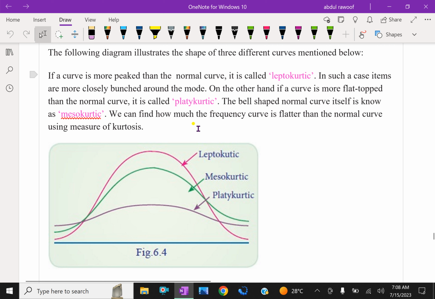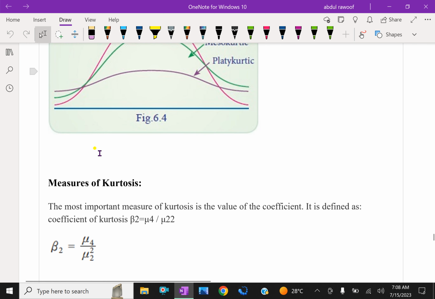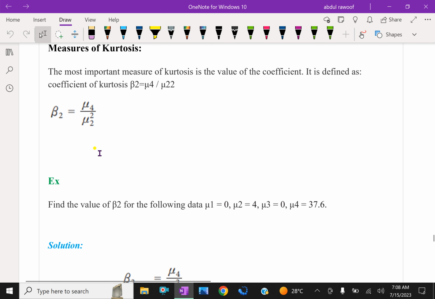We can find how much the frequency curve is flatter than the normal curve using a measure of kurtosis. Measure of kurtosis, some formulas.